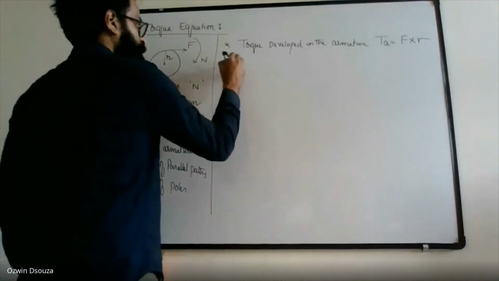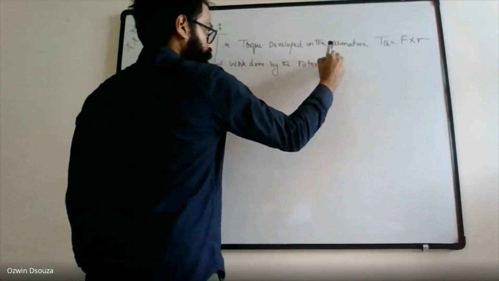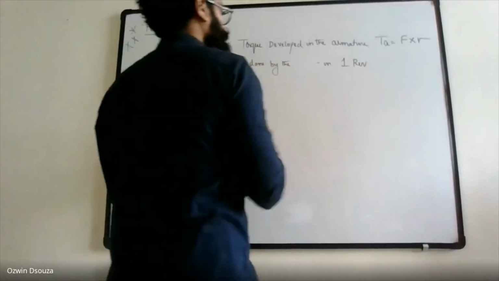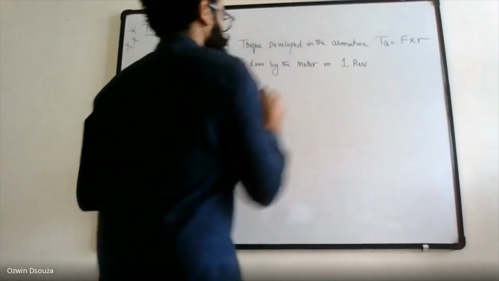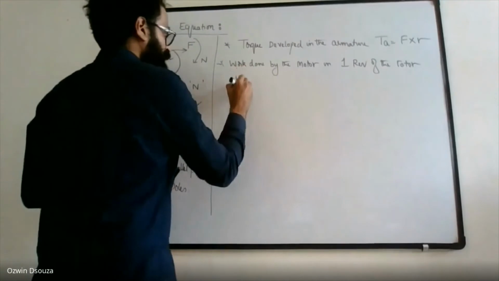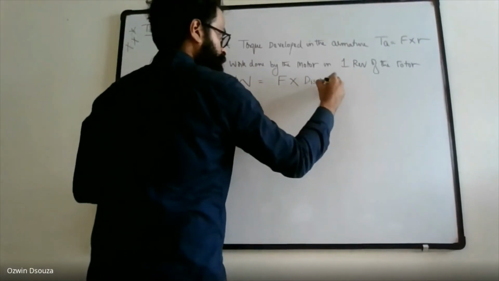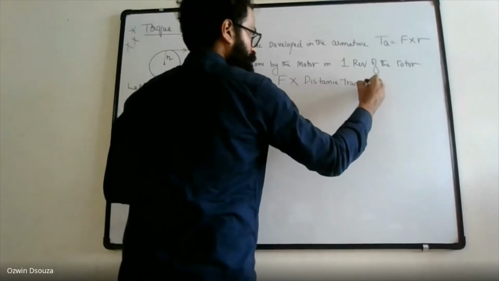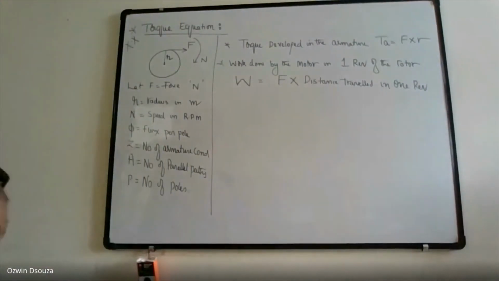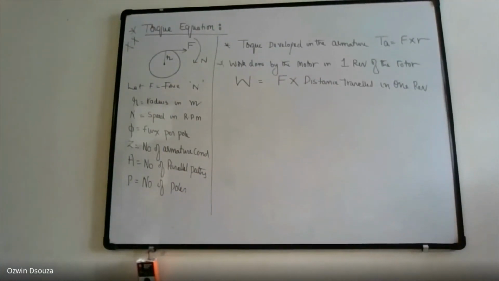Then, work done by the motor in one revolution of the rotor can be given as W is equal to force into distance traveled in one revolution.